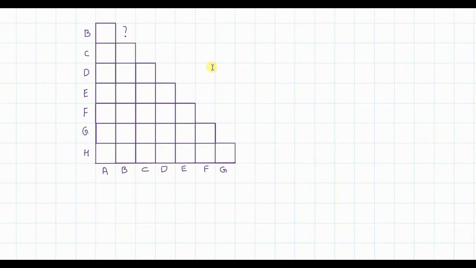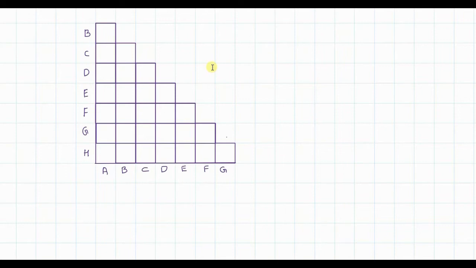That's why I have not drawn this cell. Similarly, this cell is C comma C, again a duplicate cell, so I have not drawn it. This is also D comma D, E comma E, F comma F, G comma G, and H comma H. All these are duplicate cells which are already eliminated. That's why the table always has a ladder structure. So this will be your table.